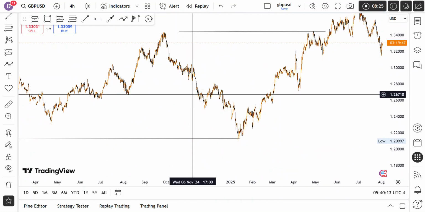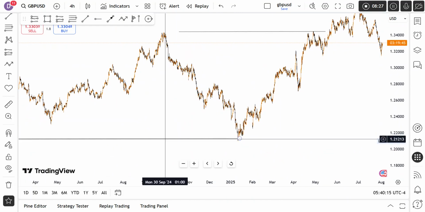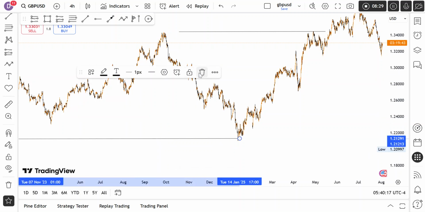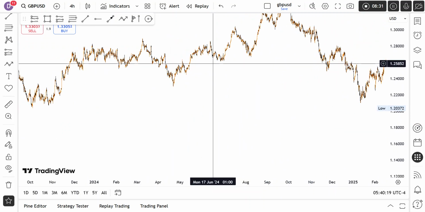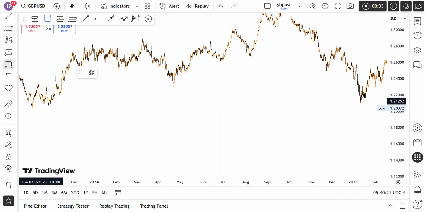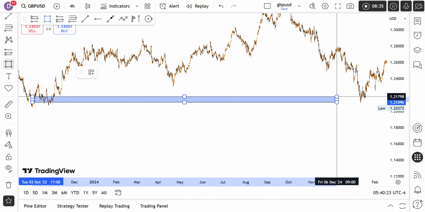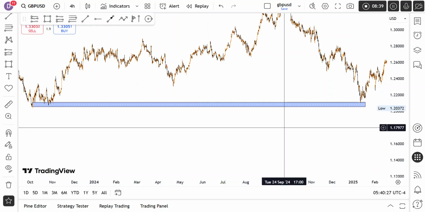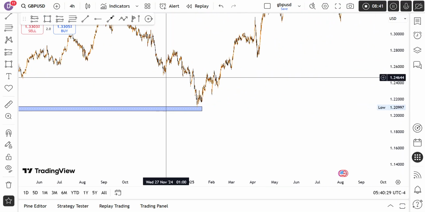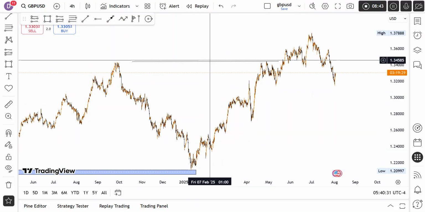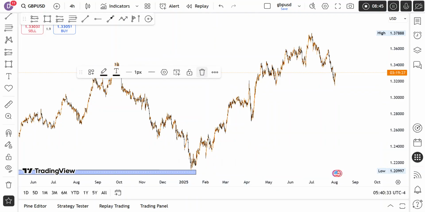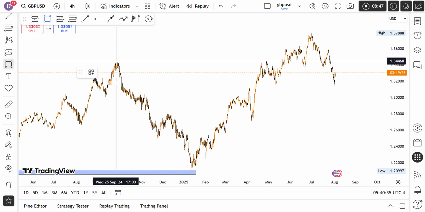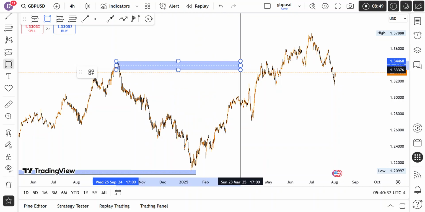That's the big look at the market here. Let's mark it with this. Let's mark it with this. Okay, this is it.